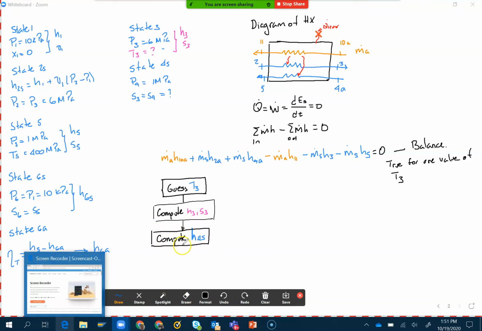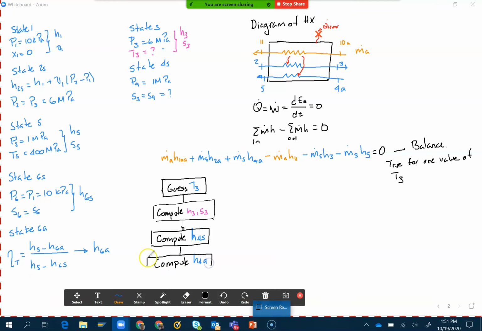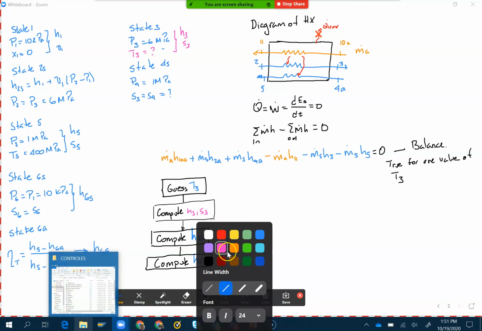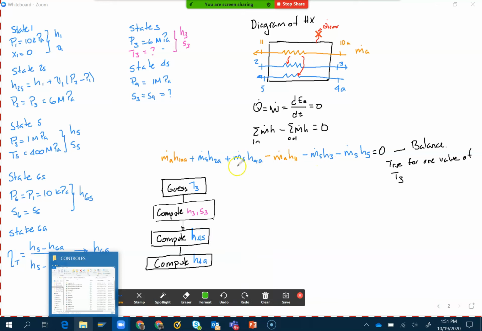And since we compute H4s, we can compute H4a. So the only two values that we were missing in our equation were H4a and H3.